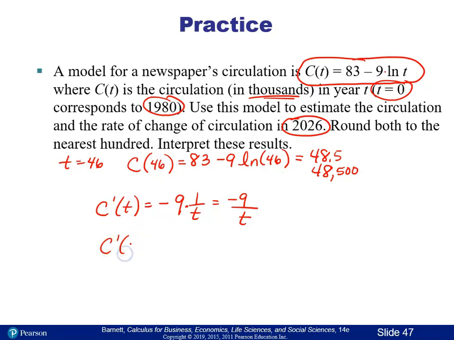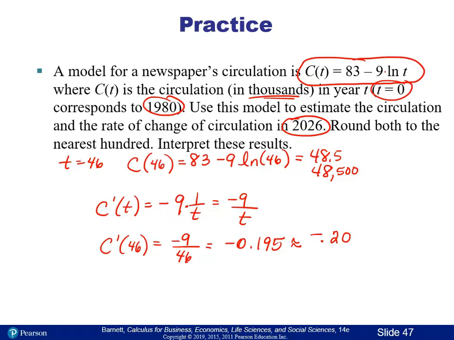We need to evaluate that in the year 2026, which is when t is 46. Okay, so we get negative 0.195 or approximately negative 0.2.